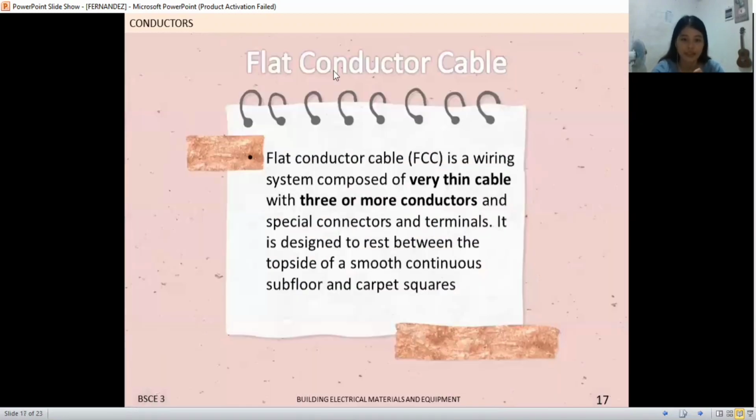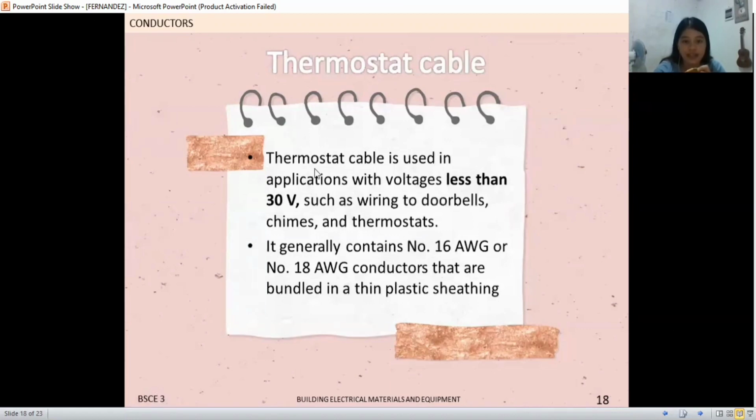Next is the flat conductor cable. So a flat conductor cable is a wiring system composed of very thin cable with three or more conductors and special connectors and terminals. It is designed to rest between the top side of a small continuous subfloor and carpet squares. The next one is the thermostat cable.